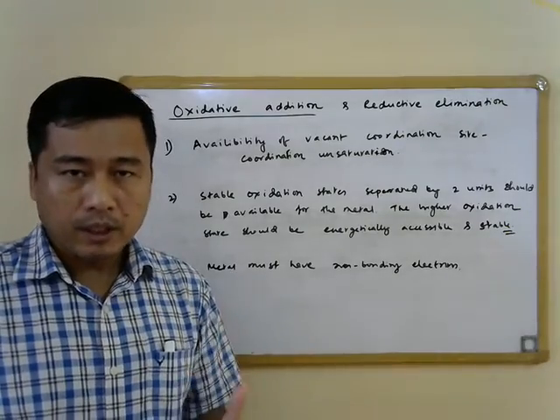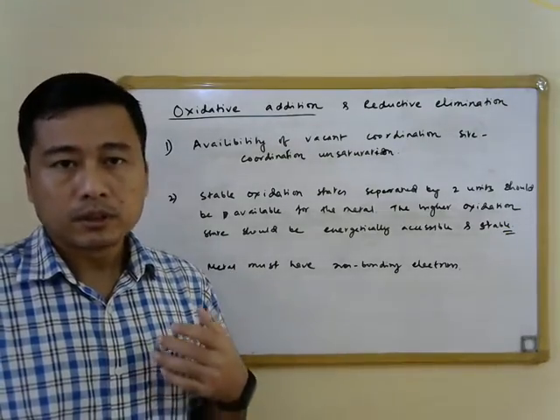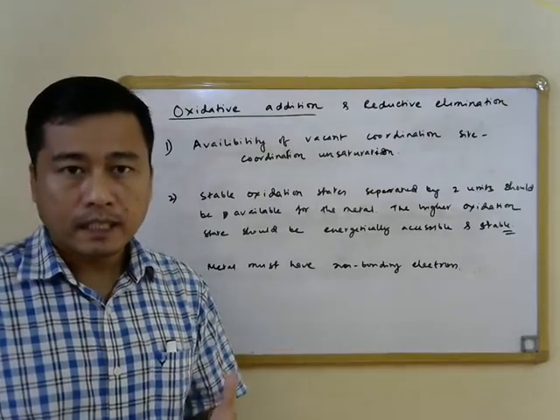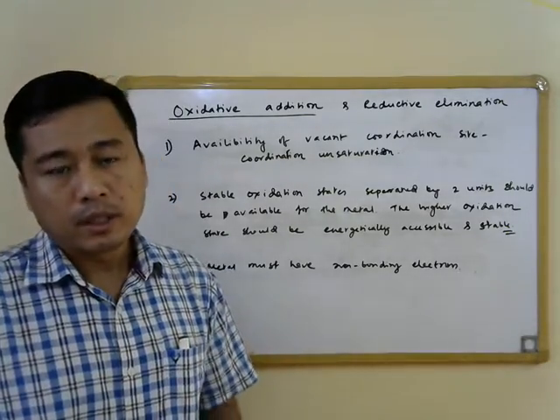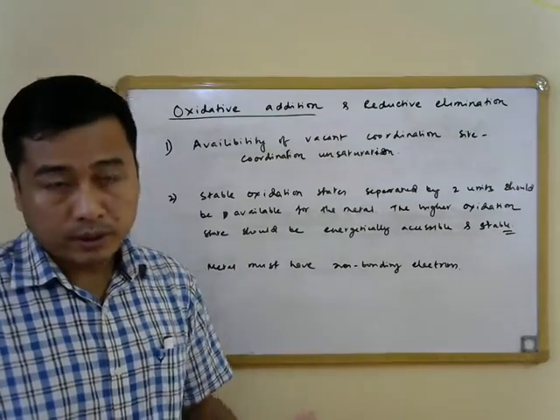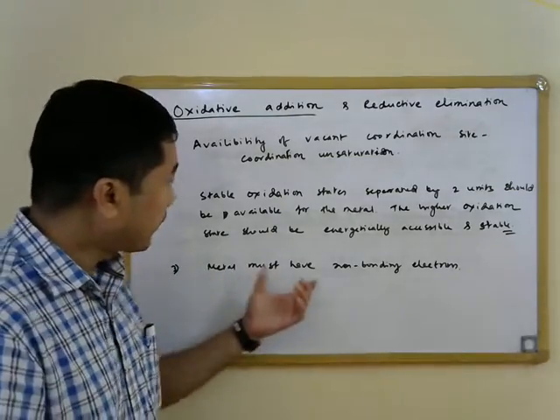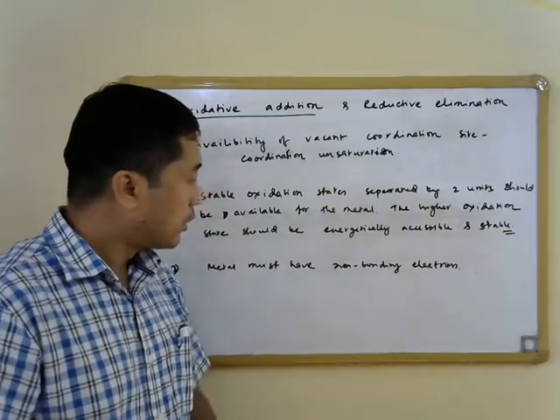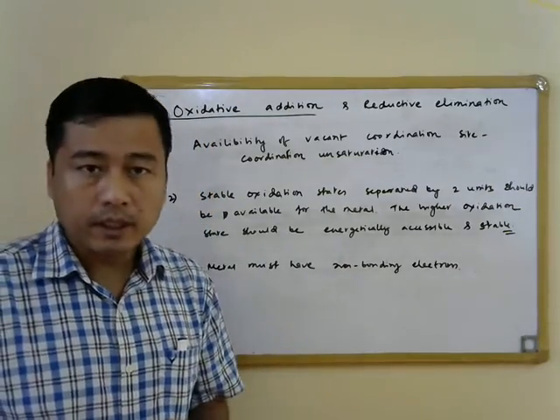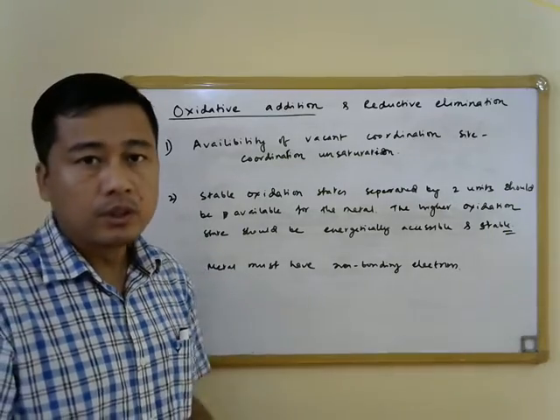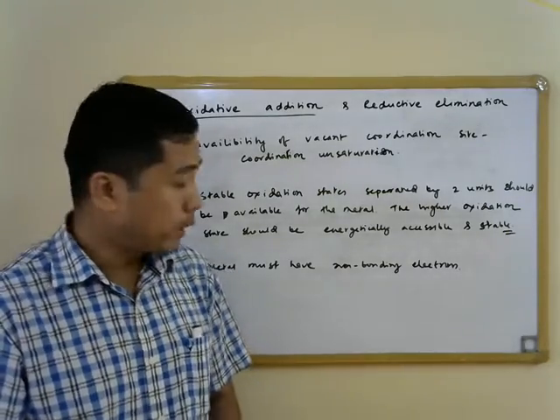So the metal essentially should have some non-bonding electrons left, or otherwise it won't be able to form new metal-ligand bonds during the oxidative addition reaction, and that is why the presence of non-bonding electrons on the metal center is again another important criterion that must be fulfilled for oxidative addition reaction to take place.